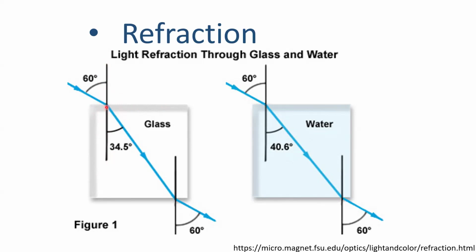And the angle that is deviated from the normal, under which the light hits the interface, we're going to call an angle of incidence. All right.